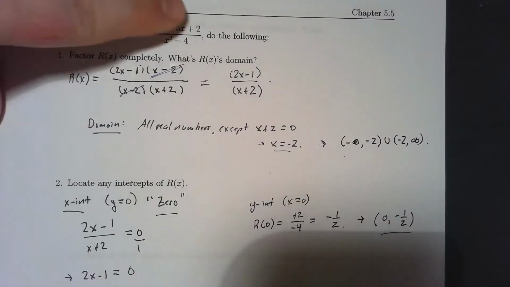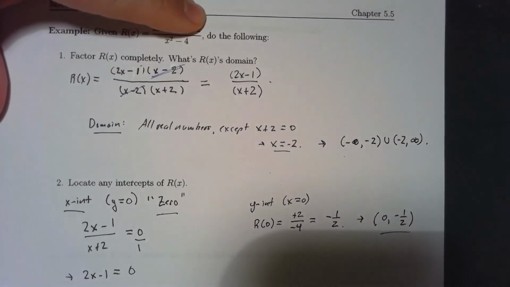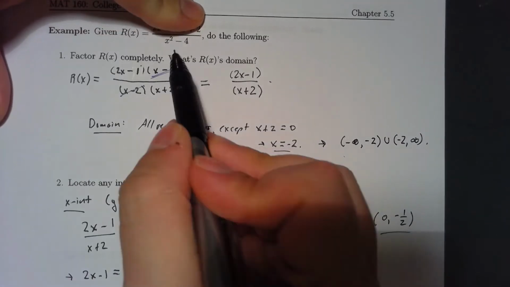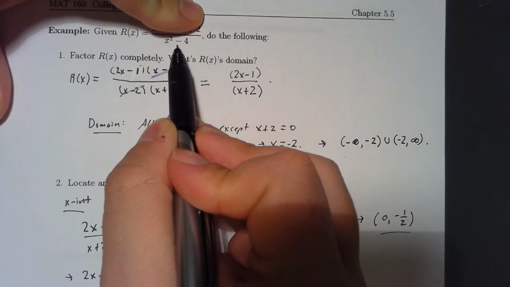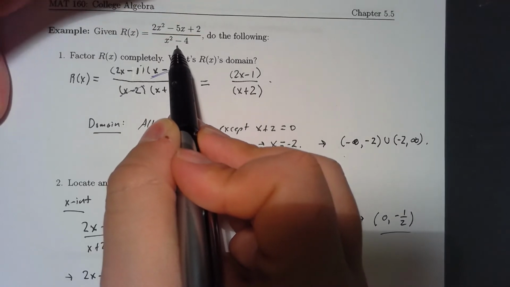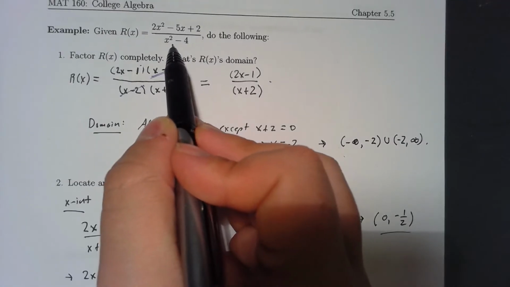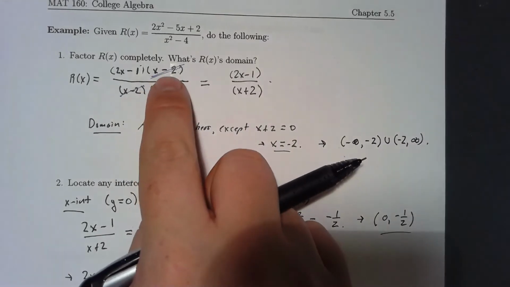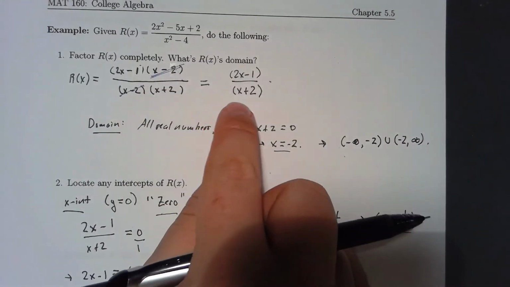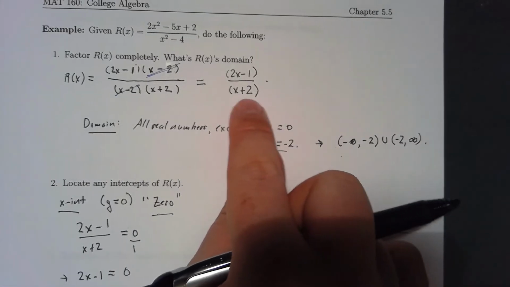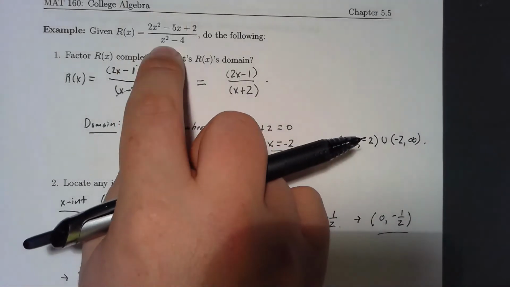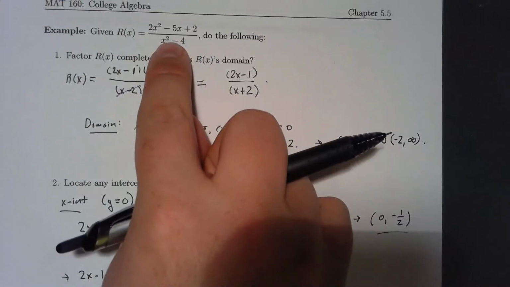If I just ignore the top for a second, and I put 2 in here, I'm going to get 0 down here, which isn't going to be good, right? So, yeah, I know that the factor x minus 2 drops out, and you get this, which technically only deals with negative 2. But if you look at the original function, 2 or negative 2 won't work.